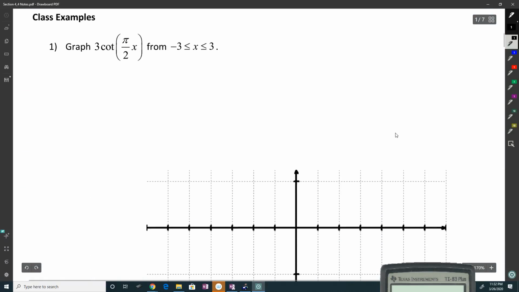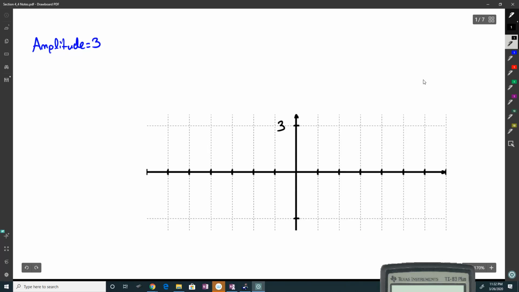Graph 3 cotangent of pi over 2x from negative 3 to 3. Looking at this, I can see what the amplitude is. I notice that my amplitude is equal to 3. So this tells me that this is 3 up here, negative 3 down there.